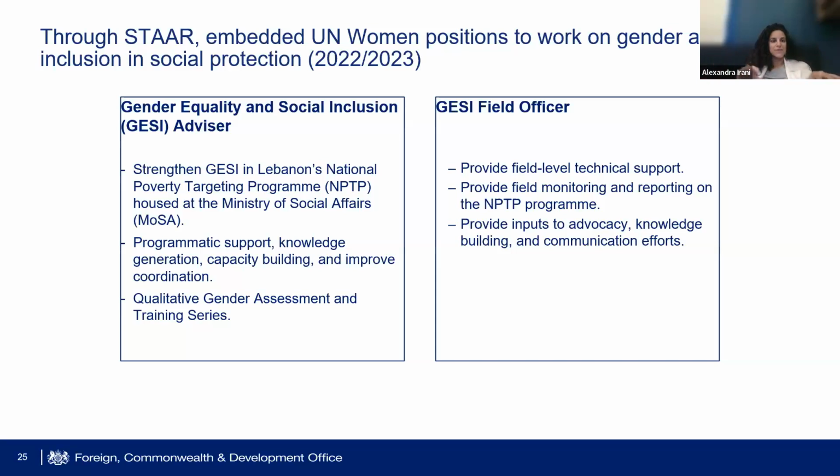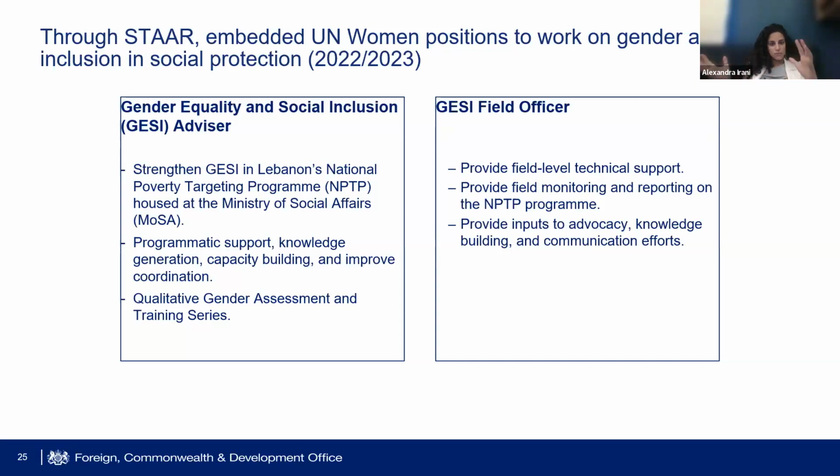They also embed themselves in all UN Women operations and check what kind of linkages they can make between social protection, livelihoods, basic assistance, humanitarian, and also the backlash happening against the rights of women and girls and other groups. And so providing programmatic support, knowledge generation, capacity building, and coordination.